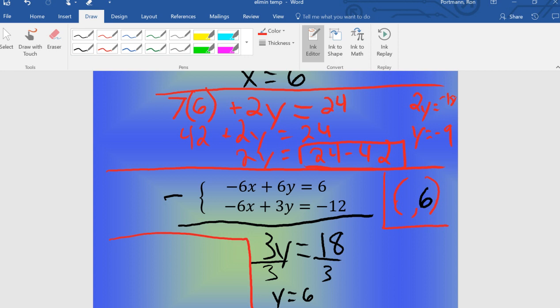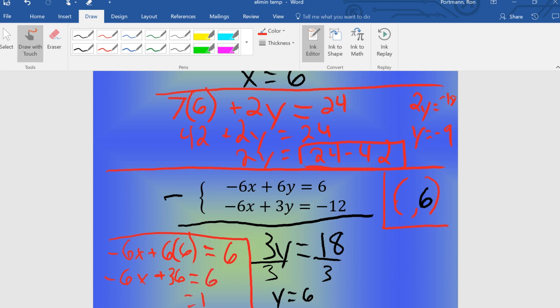It doesn't matter, all right? I'm just going to use the first one. I'm going to put negative 6x plus 6, and I'm going to put a 6 in for y. There's a lot of 6's. All right, so now I have negative 6x plus 36 is equal to 6.